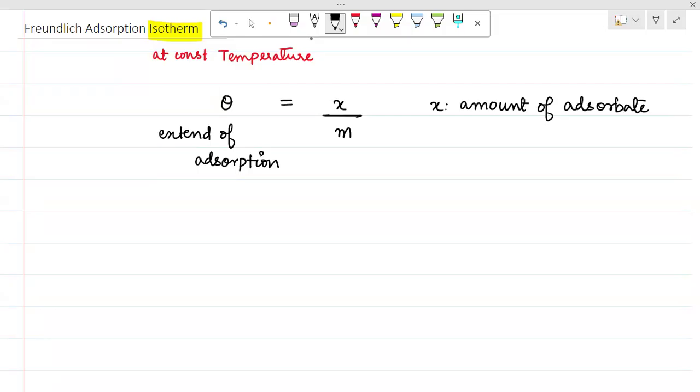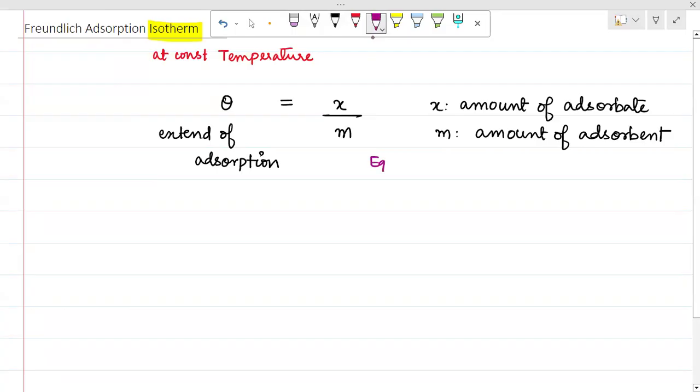Adsorbate means the moieties which get adsorbed on the surface. And m is the mass or amount of adsorbent. Adsorbent is the surface on which adsorption happens. So very easy, theta is equal to x by m is one of the forms of the Freundlich adsorption isotherm.